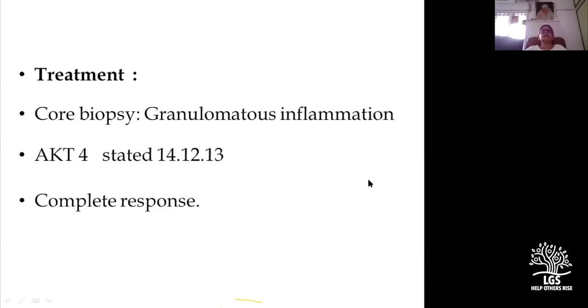And earlier, we used to treat them all with antituberculous treatment, because 5-6 years back, when you saw granulomatous infection, the first thing we did was start antituberculous treatment, because it's very difficult to differentiate between a granulomatous infection due to tuberculosis versus granulomatous infection that is idiopathic.